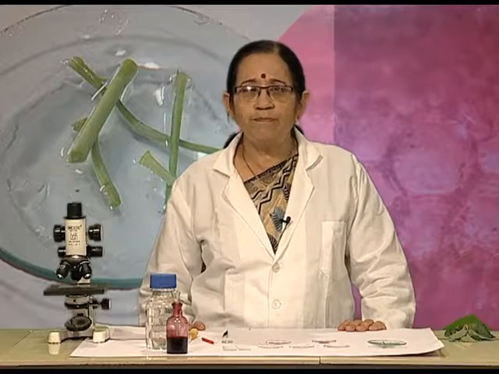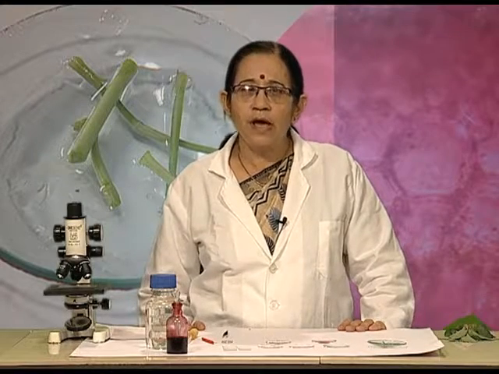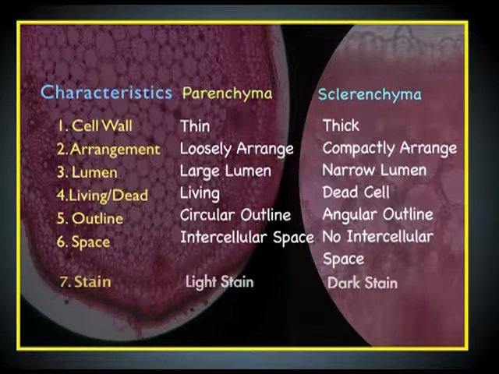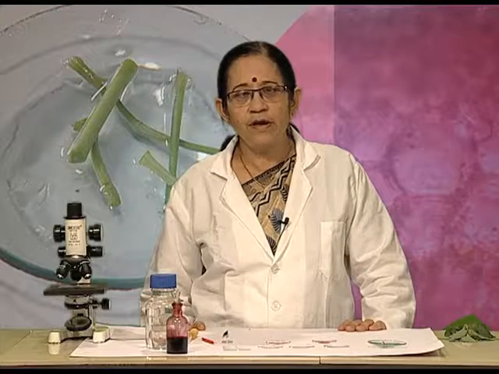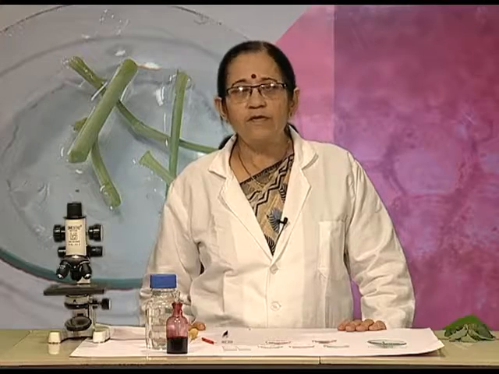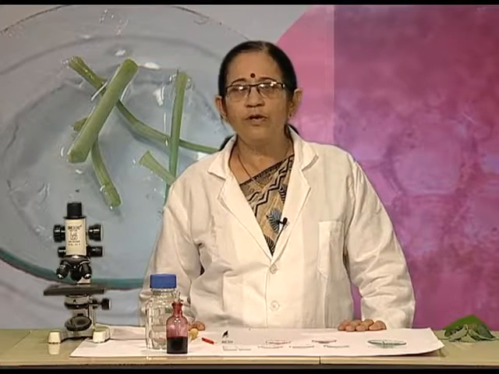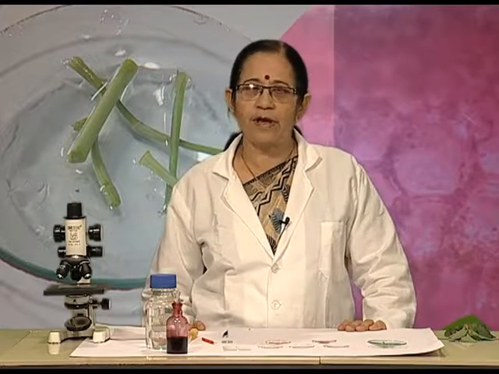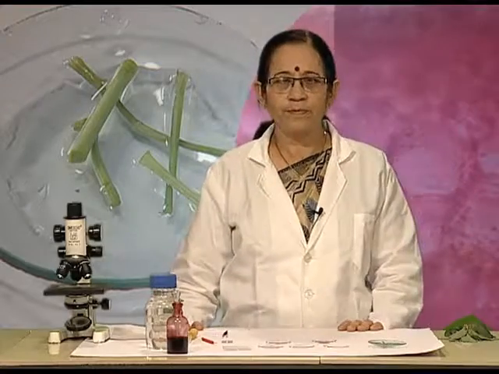Next, because parenchyma cells have thin walls, their lumen is large, whereas in sclerenchymatous cells, their lumen is narrow because of their thick walls. And lastly, parenchyma cells are living and sclerenchyma cells are dead. So, this is how we are able to distinguish between two types of plant tissues, parenchymatous and sclerenchymatous. Thank you.